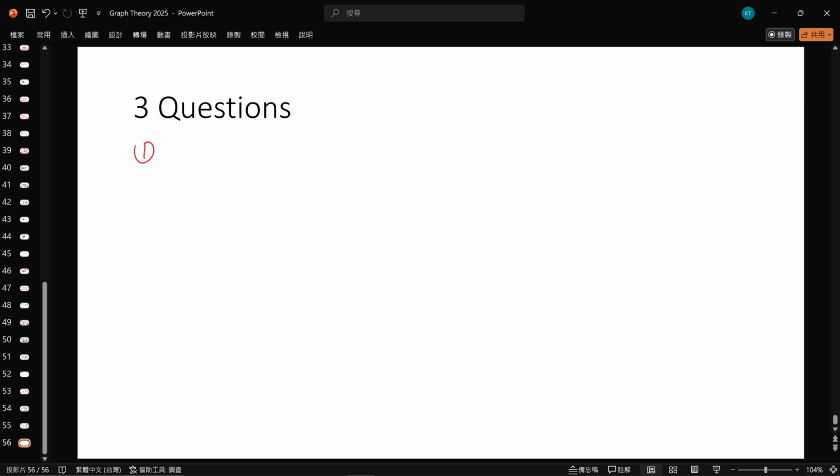So the first one is about the existence of an augmenting path. If M is not maximum, is there always an M augmenting path?